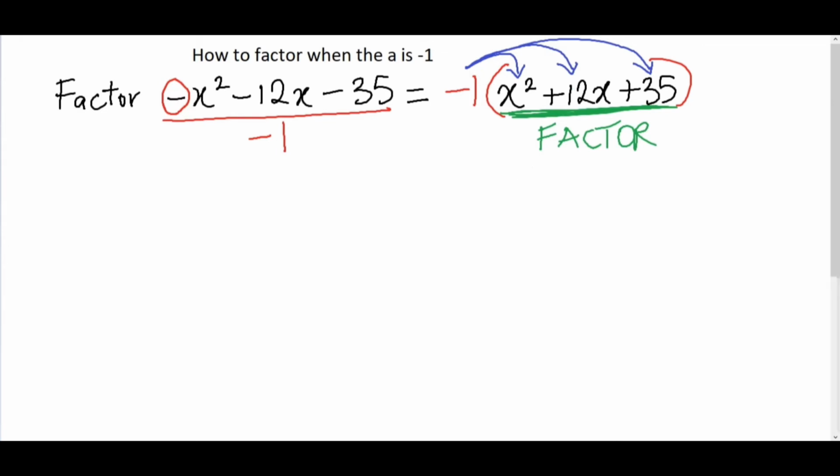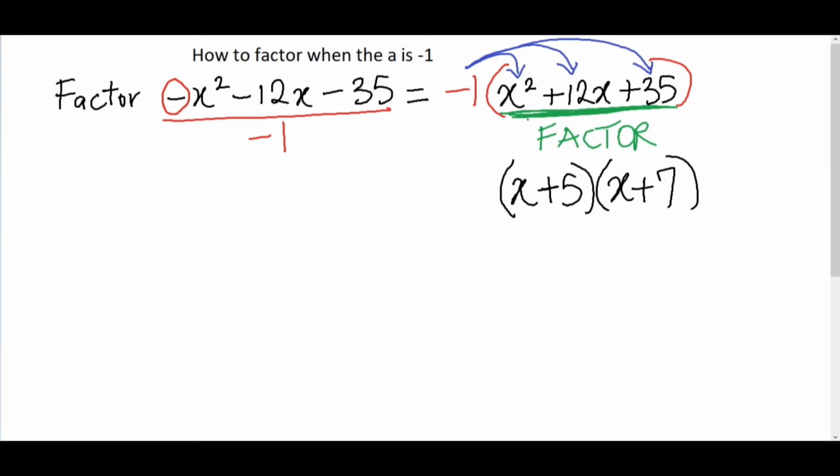But if you do know how to factor, then you know that after factoring x squared plus 12x plus 35, you're going to end up with x plus 5 and x plus 7. So after factoring, that's what you're going to get.